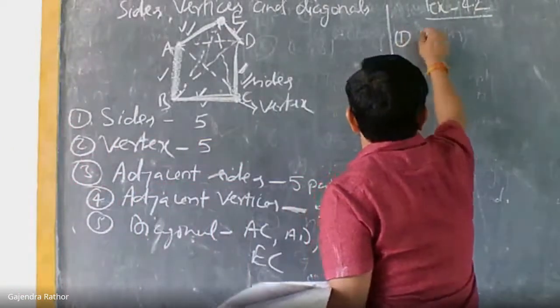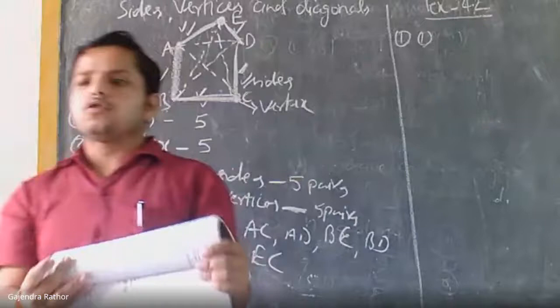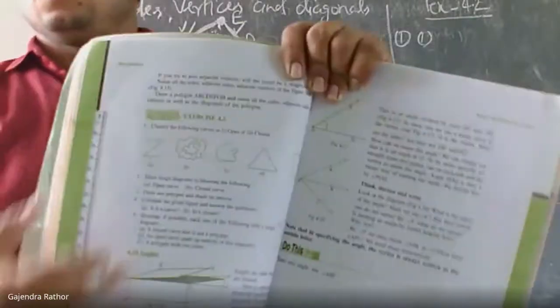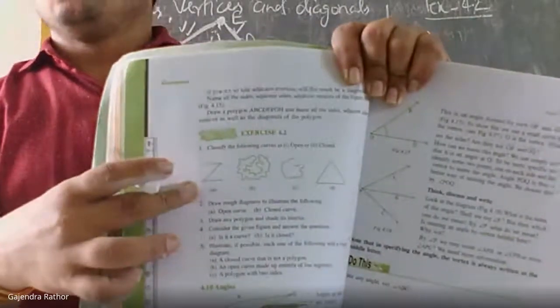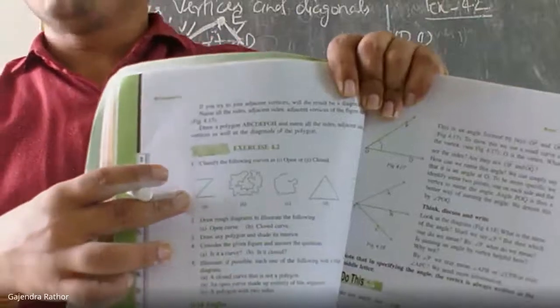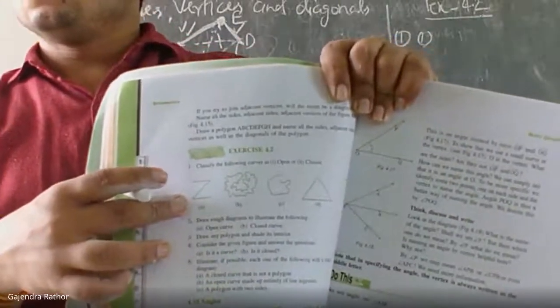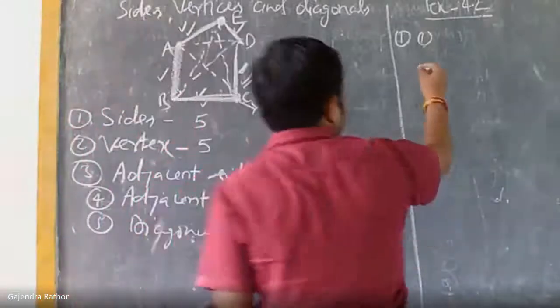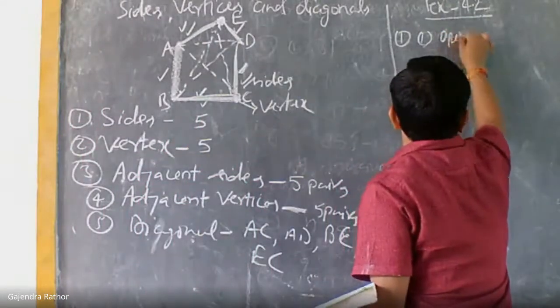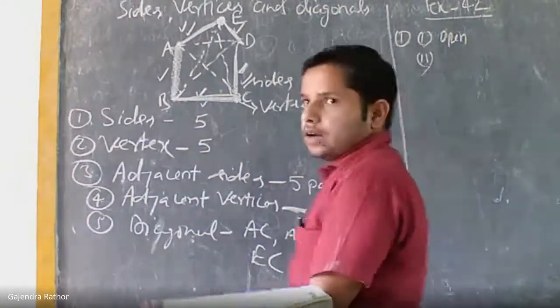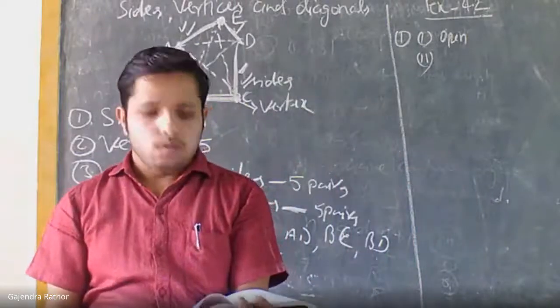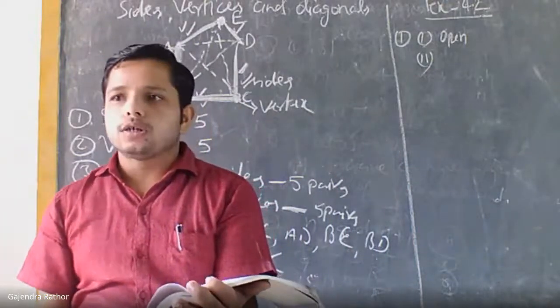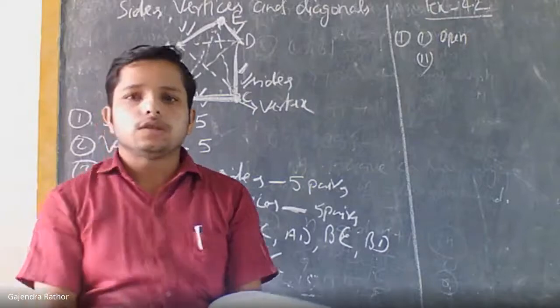So first, you can see this drawing. This is the first question. What is the first type? Open or closed? Yeah, very good. This is open. Now, second, open or closed? This is totally closed.